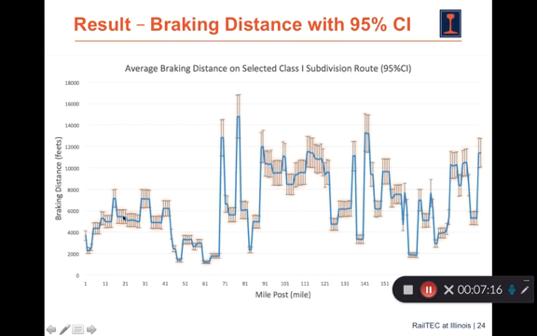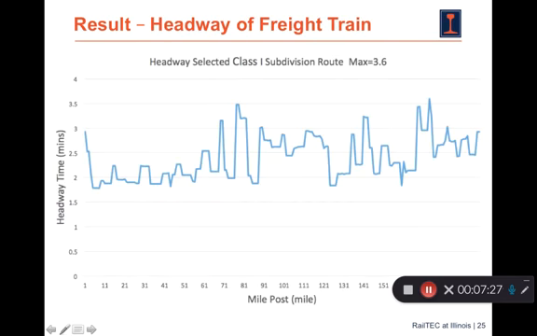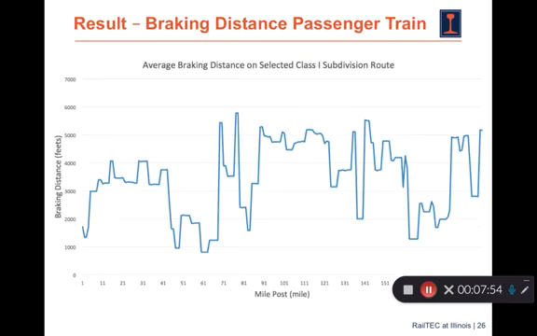The orange area means we expect the real braking distance will fall in this area. Then I use the formula to compute the headway. As you can see, the largest value along the route is around 3.6, which means on this route we can depart a freight train every 3.6 minutes.